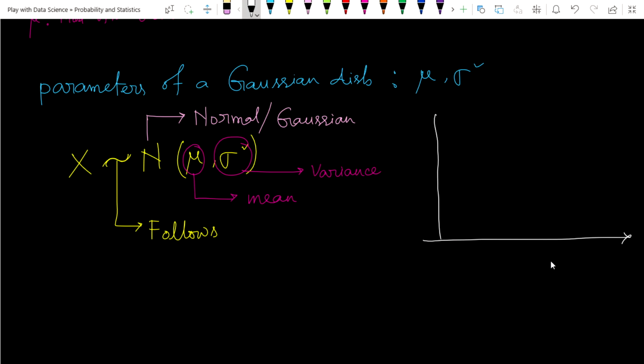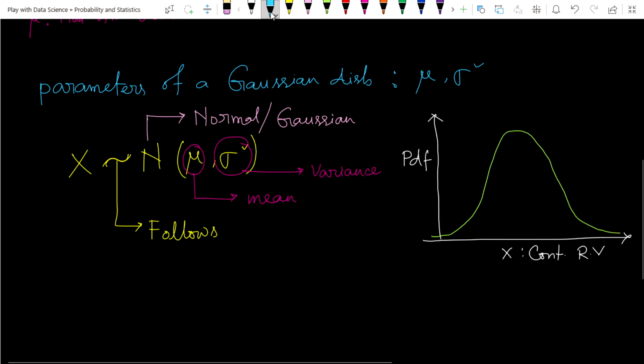This is the sample probability density function, PDF, and this is the sample X, the sample random variable, and it must be continuous. So the probability density function is here, and this is the mu, and we will see how sigma is responsible for the plot.